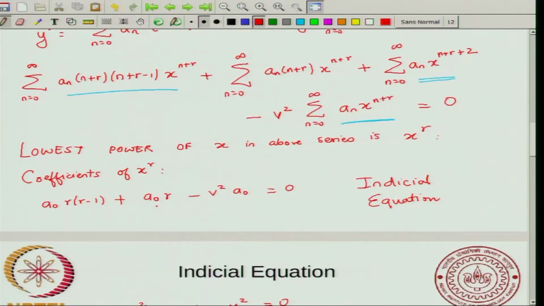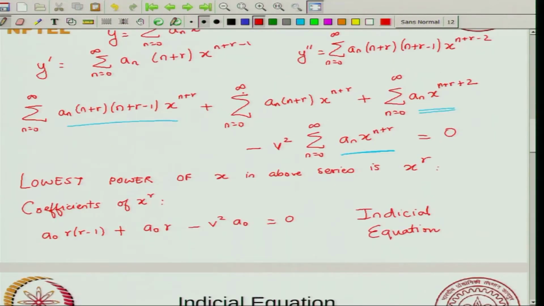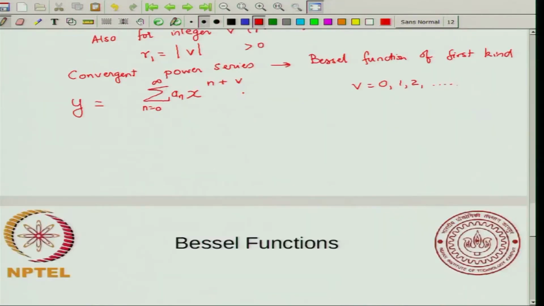So we had (n plus r)(n plus r minus 1) x raised to n plus r, and if we write that in the following form: we have the sum over n equal to 0 to infinity a_n (n plus v)(n plus v minus 1) x raised to n plus v, plus the sum over n equal to 0 to infinity a_n (n plus v) x raised to n plus v.